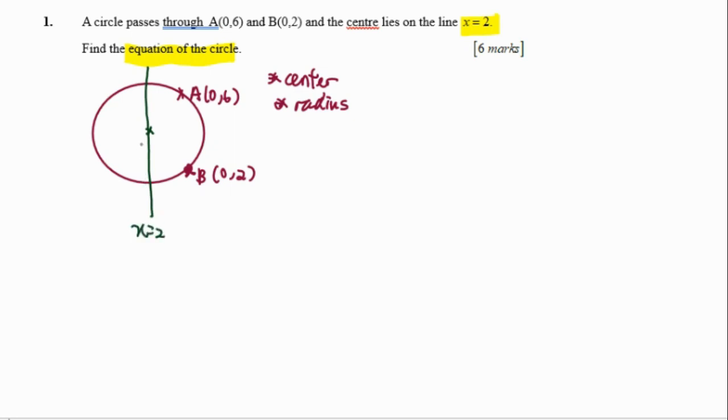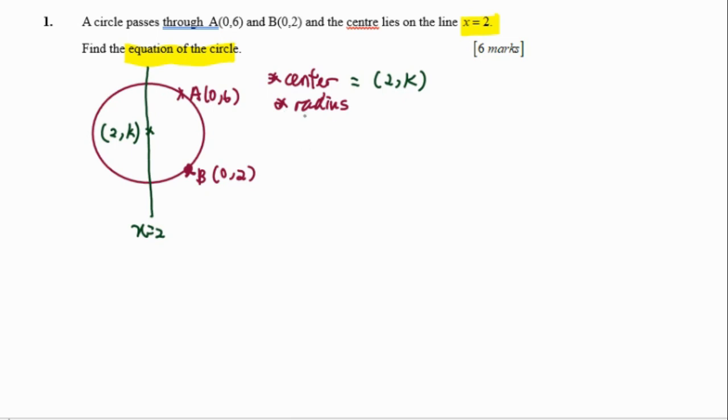So this implies that our center has x coordinate 2 and y coordinate unknown, k. So we have to find out what our k is here.